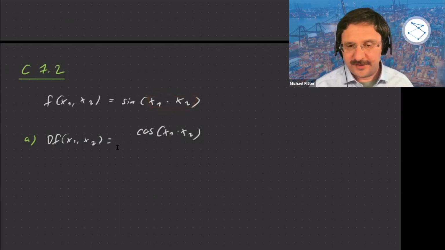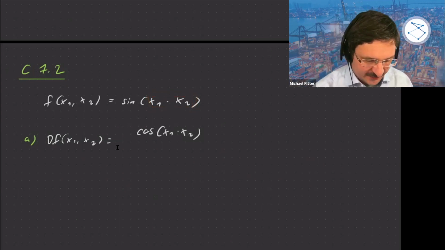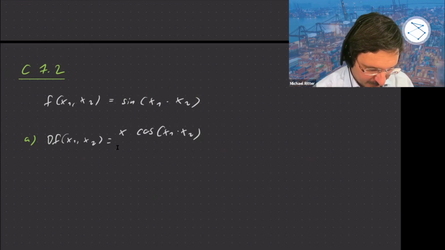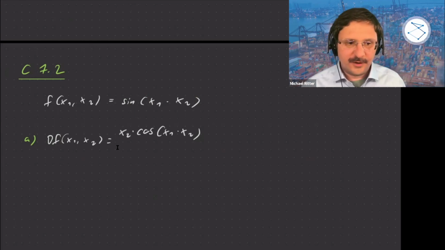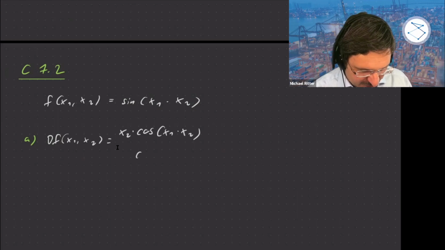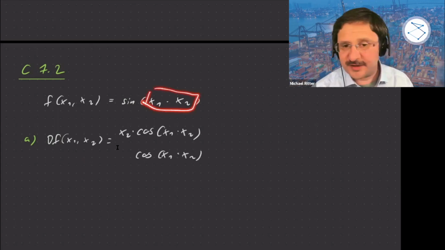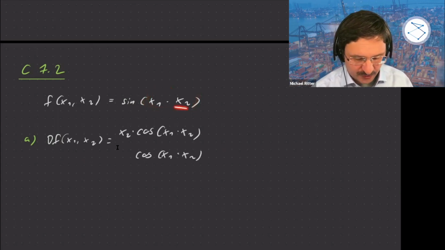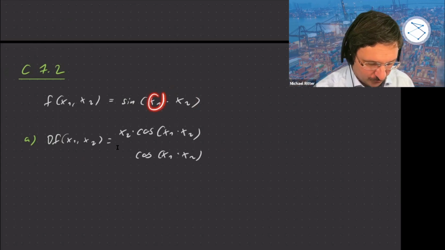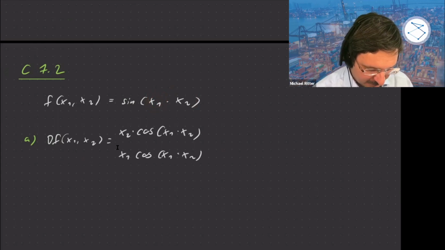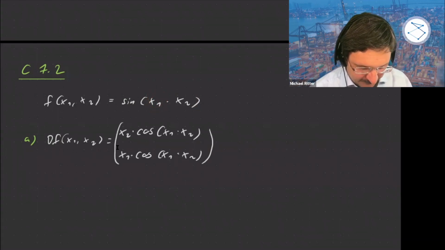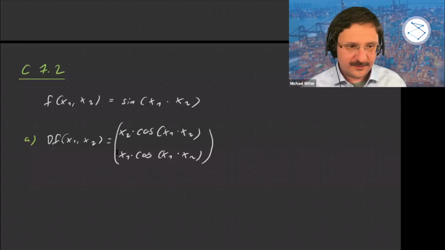And differentiating that with respect to x1 just yields x2. So multiply that by x2. And of course, the derivative for x2 is almost the same. It's just the derivative of the inner function that's different. If we differentiate that with respect to x2, then we get x1. Okay, so that is the gradient.